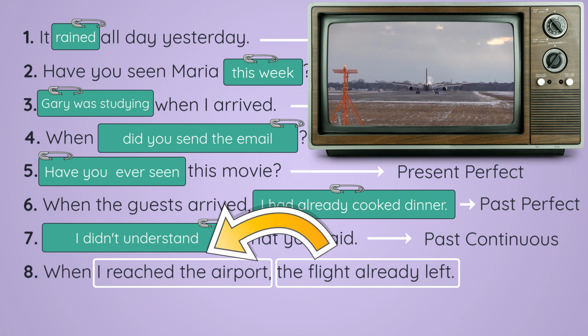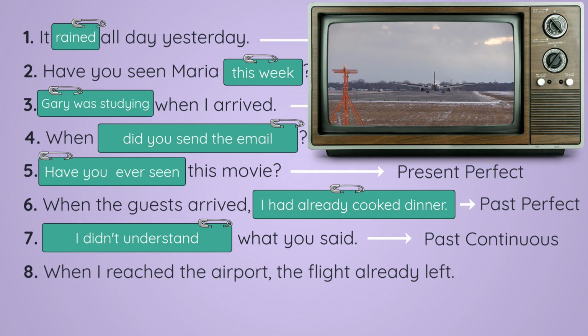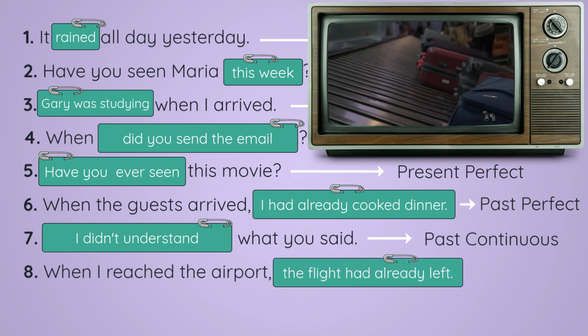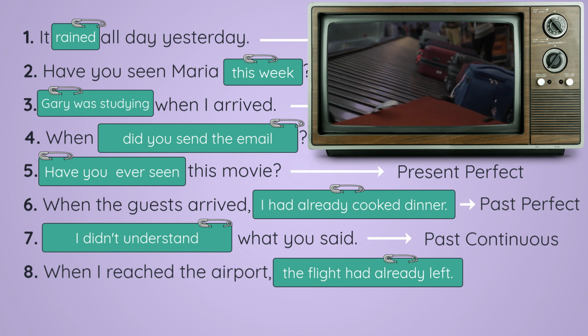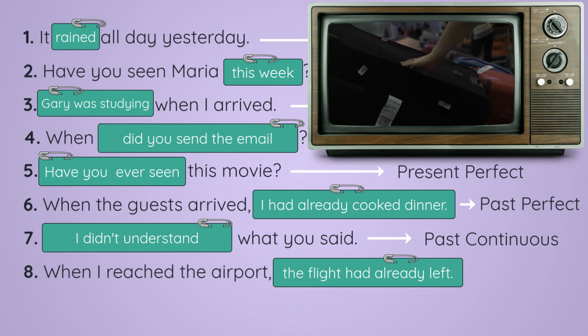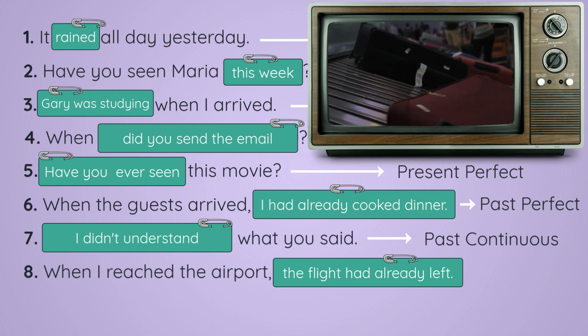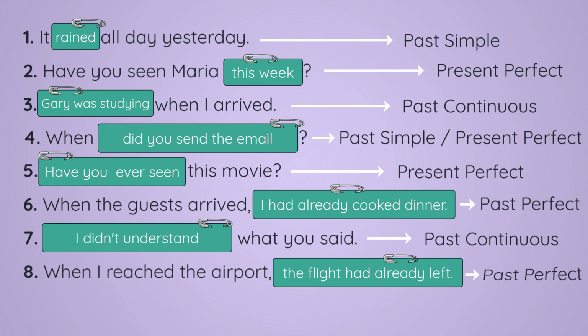The action that happened first, we have to express using the past perfect tense, which means we need to say, the flight had already left. When I reached the airport, before that, the flight had already left. So if you weren't sure about that or you got it wrong, then please review the past perfect tense.